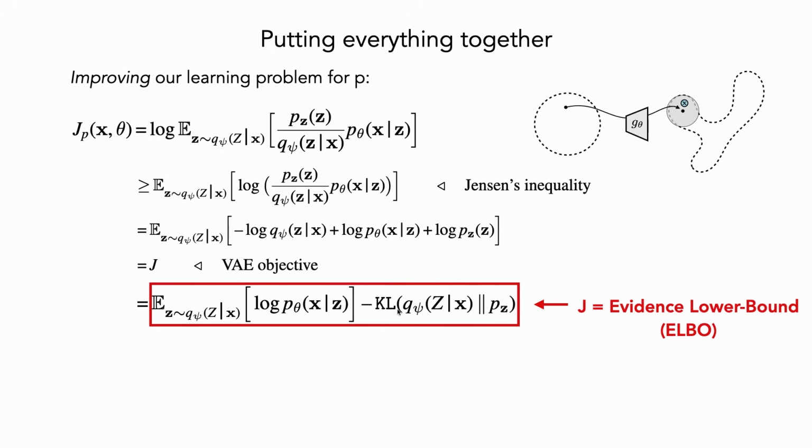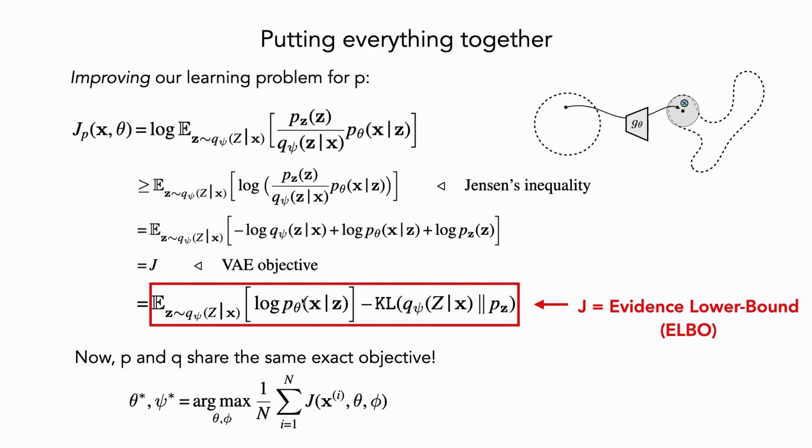Okay, so it comes in two terms that both have kind of an intuitive form, and I'll get to those on the next slide. But the interesting thing is once we have written things in this form, what you can notice if you go back a slide is that this objective is actually exactly equal to the objective that we had for Q. So Q appears over here in this KL term. So what is this saying?